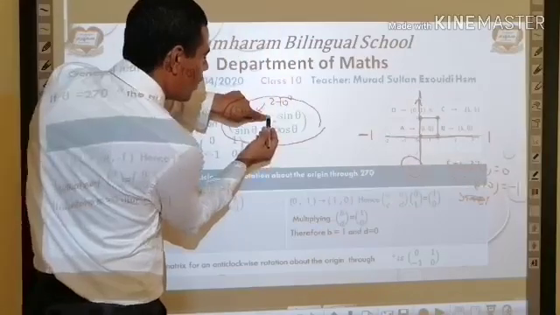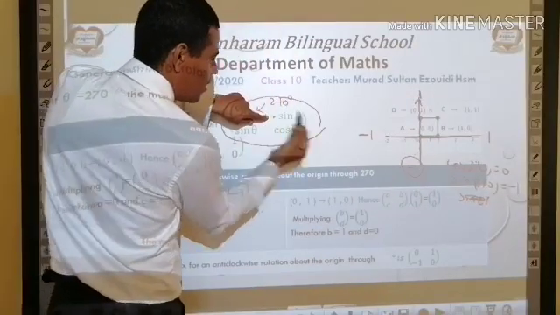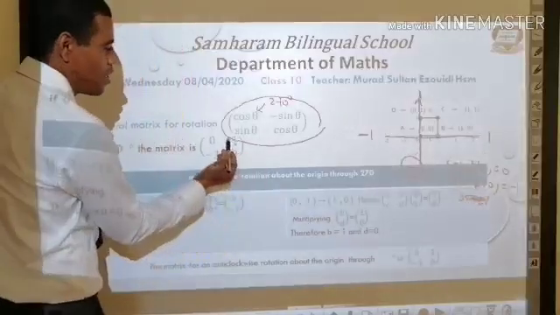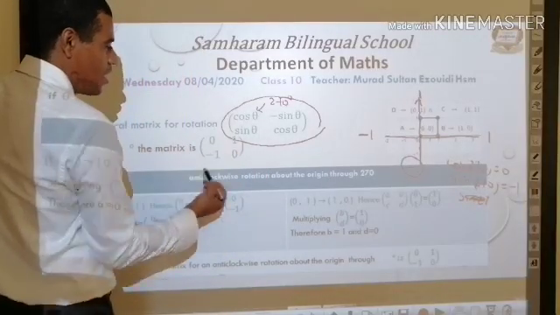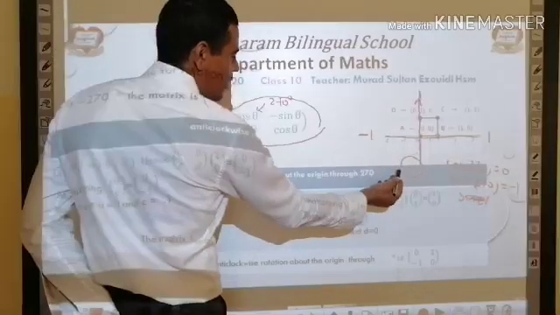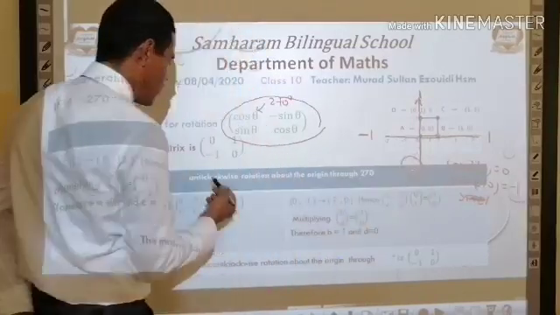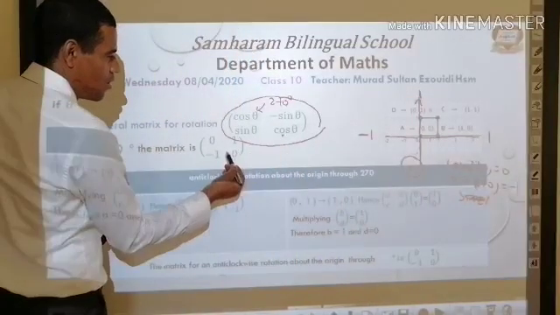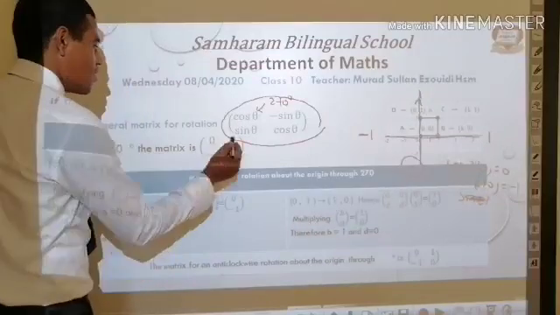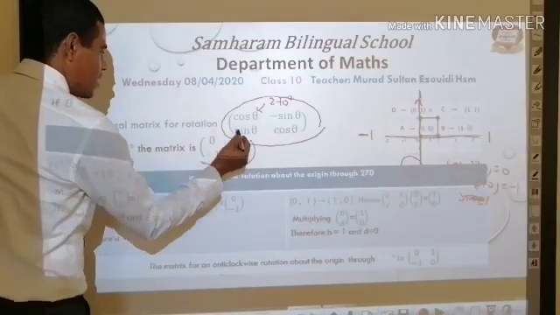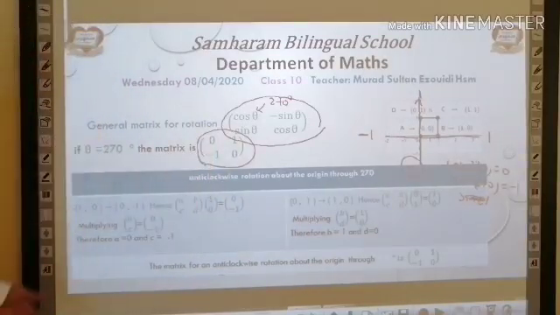But here, look, there is a negative sign. Negative gives positive, so that's why here it is 1. And sine of theta, where theta equals 270, is negative 1. Then cosine of 270 is 0. So this is in fact the matrix that transforms any shape about the origin anti-clockwise through 270 degrees.